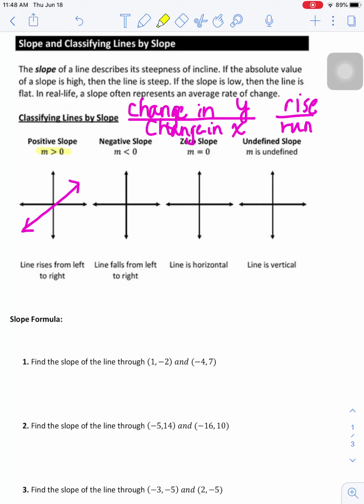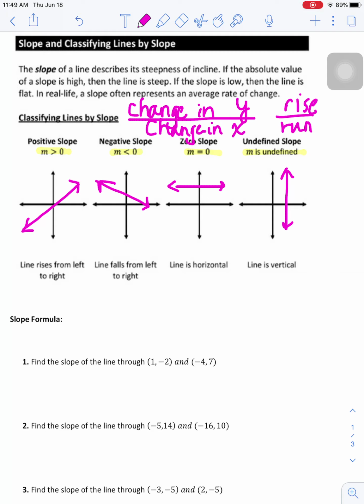If you have a slope that is negative, so m is less than 0, you end up with a downhill line. If you have a slope of 0, you end up with a horizontal line. And if you have an undefined slope, you end up with a vertical line.